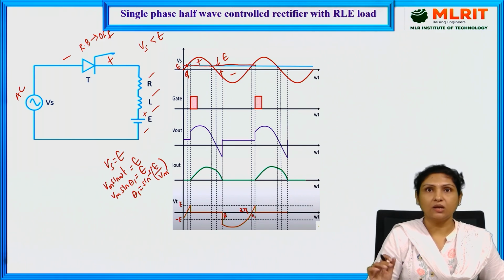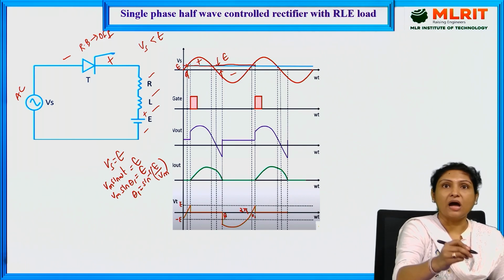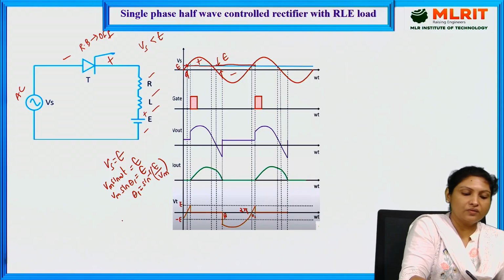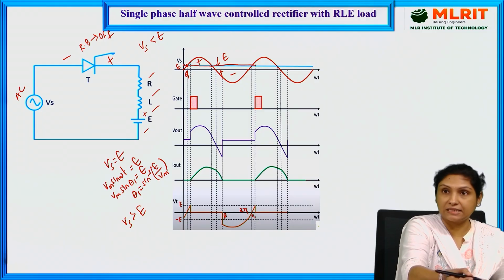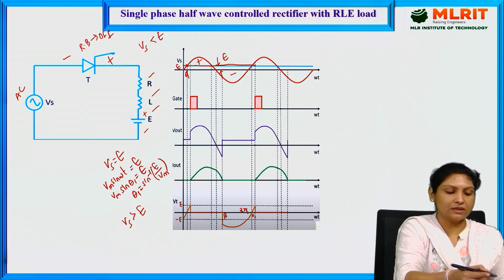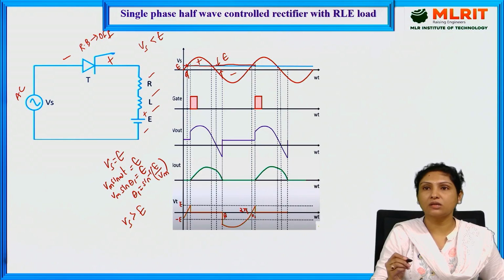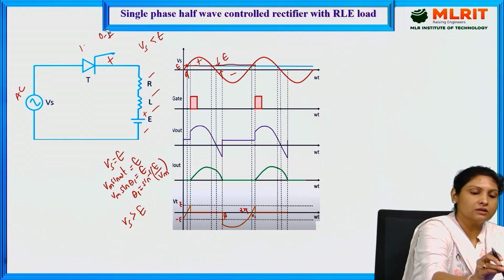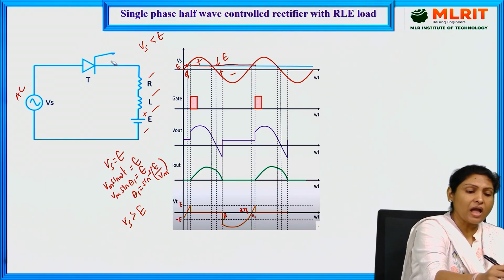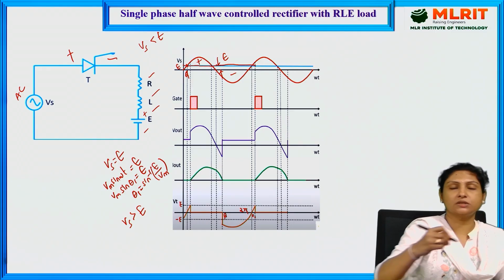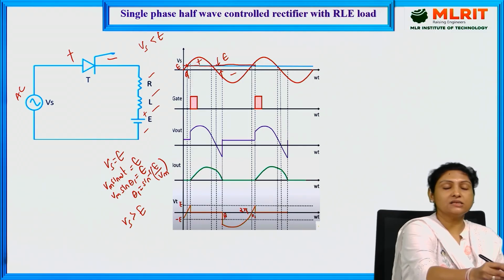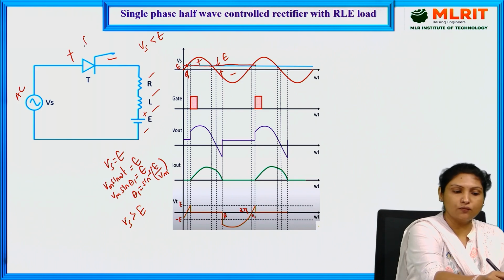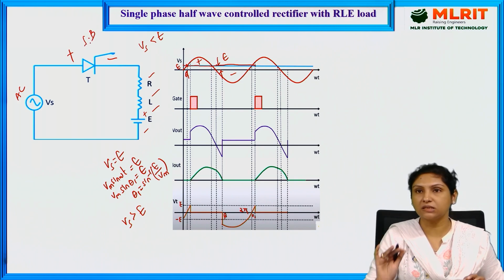So, when theta 1 is exceeded and Vs is becoming greater than E, in that case what is happening? The thyristor anode is becoming more positive when compared to cathode. So that is the reason now the thyristor has come into the forward blocking state. That means it is ready to conduct now.